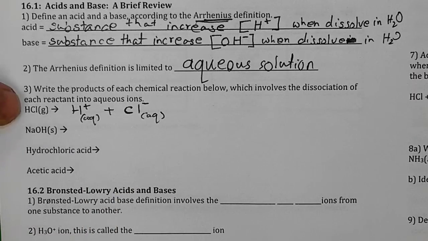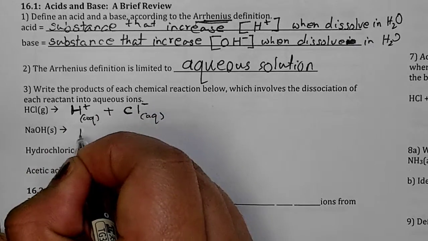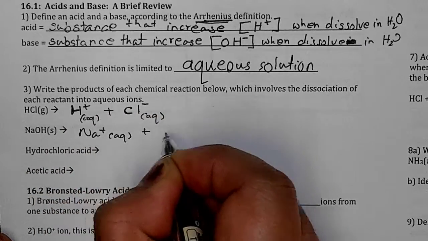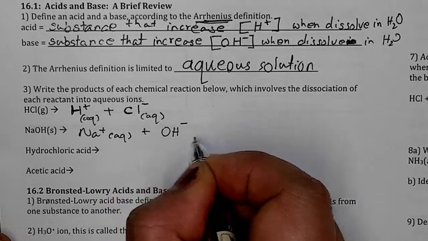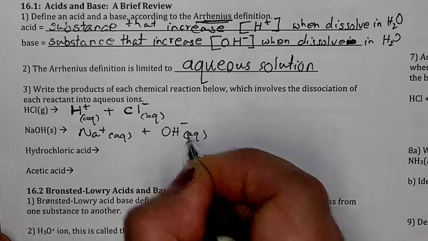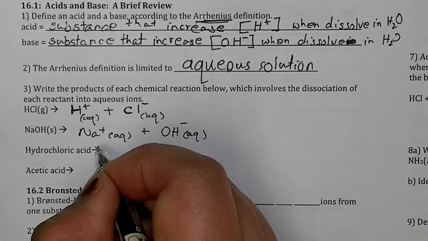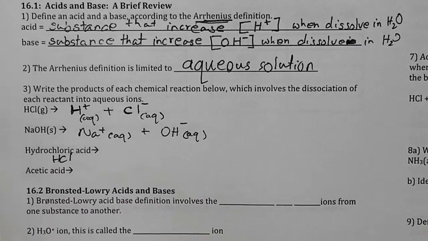Okay, now how about NaOH? Right, it's gonna be Na plus AQ plus OH minus AQ. Notice, don't break the O and H apart. Okay, hydrochloric acid. You guys know who it is? That's literally HCl again, right? So we already wrote it up there.